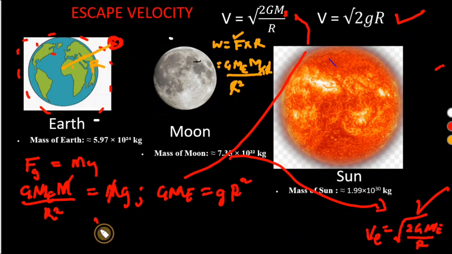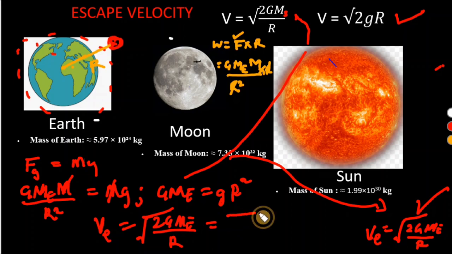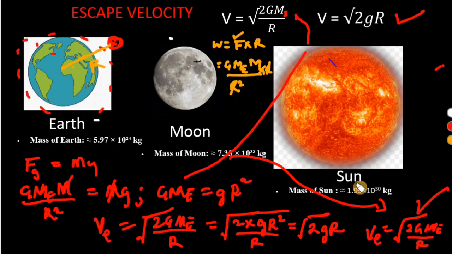So if we have before now that v equals the square root of 2GMe upon r, we can replace this with the square root of 2, and instead of writing GMe, we write gr squared, upon r. So that we now finally have that escape velocity can be written as the square root of 2gr.